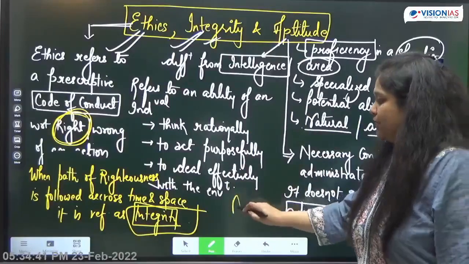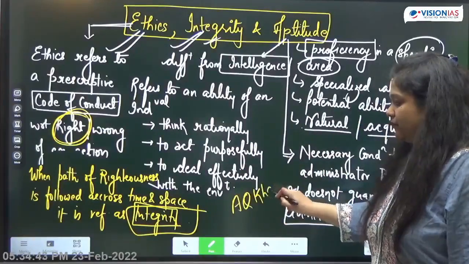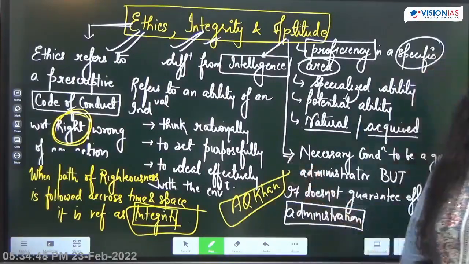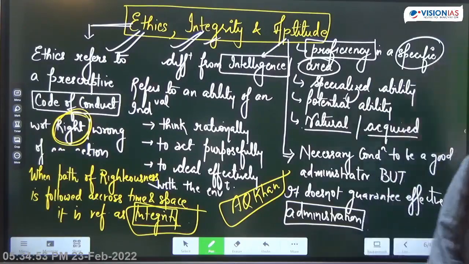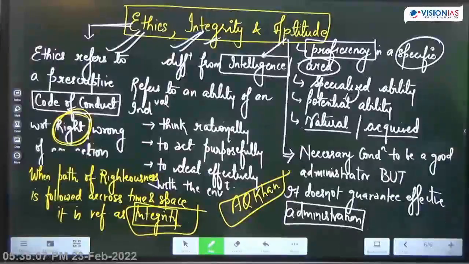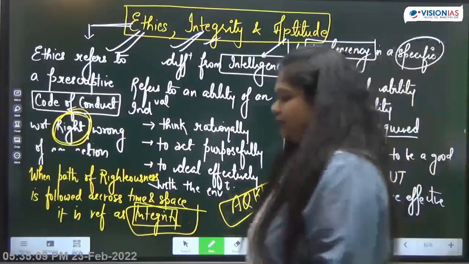They might be the necessary thing. But if you do not possess integrity, you will cause more harm than benefit. I gave you the example, AQ Khan. If you do not have the integrity, you will cause more harm. There was a statement by Warren Buffett. Write down.